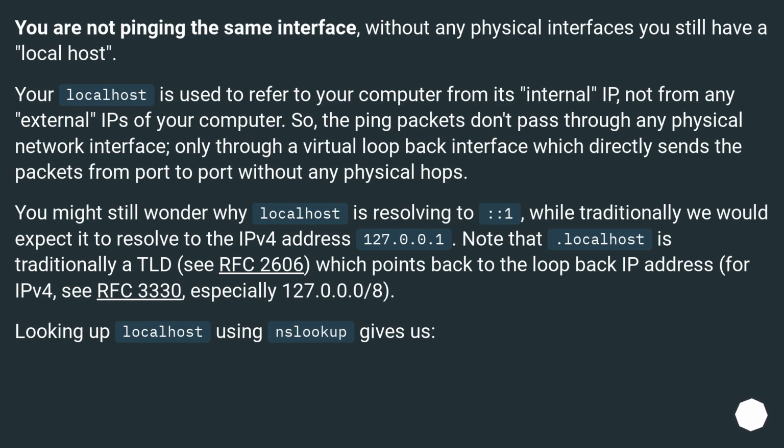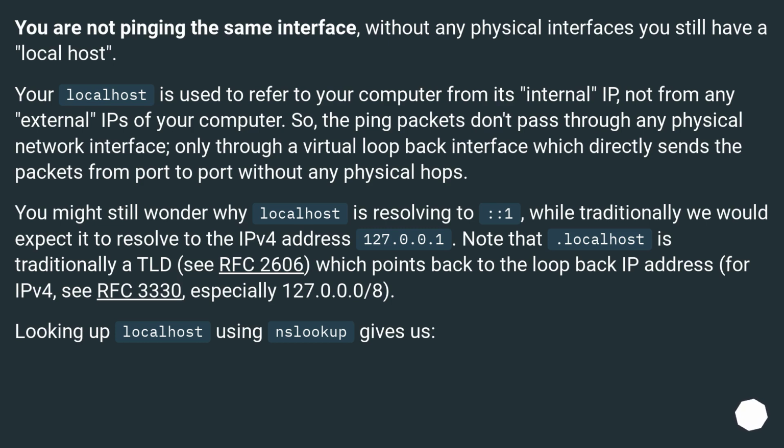You might still wonder why localhost is resolving to ::1, while traditionally we would expect it to resolve to the IPv4 address, 127.0.0.1. Note that .localhost is traditionally a TLD, RFC 2606, which points back to the loopback IP address, for IPv4, RFC 3330, specifically 127.0.0.0/8.